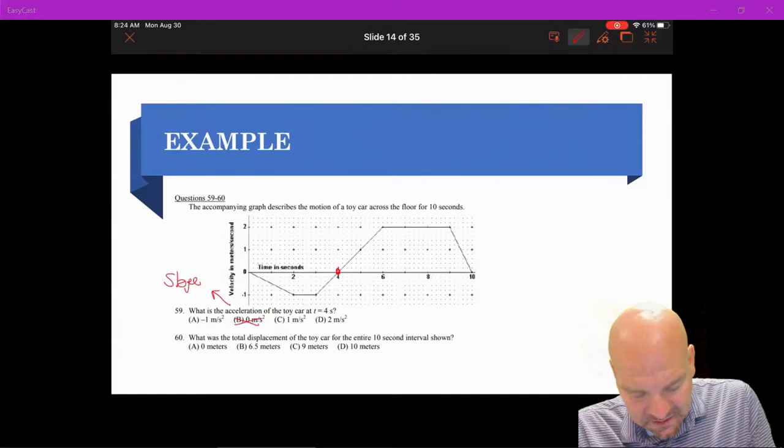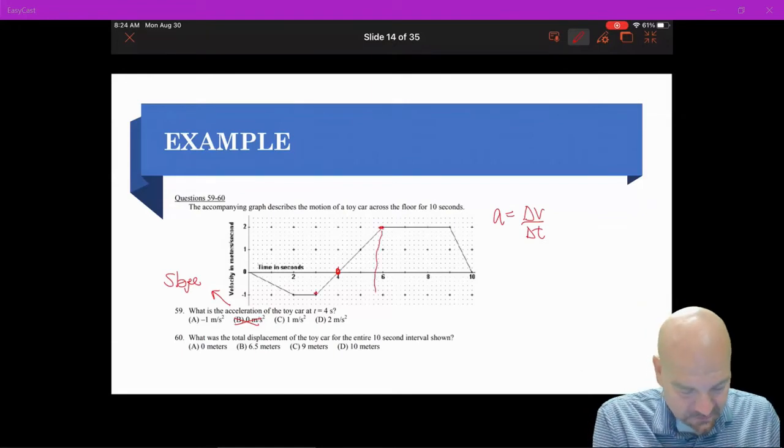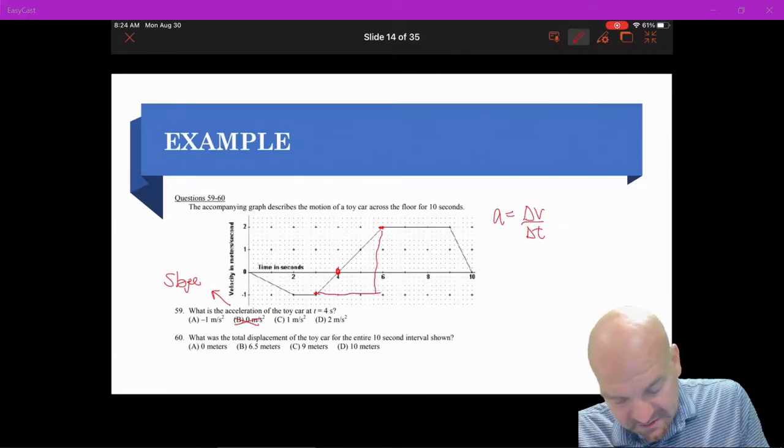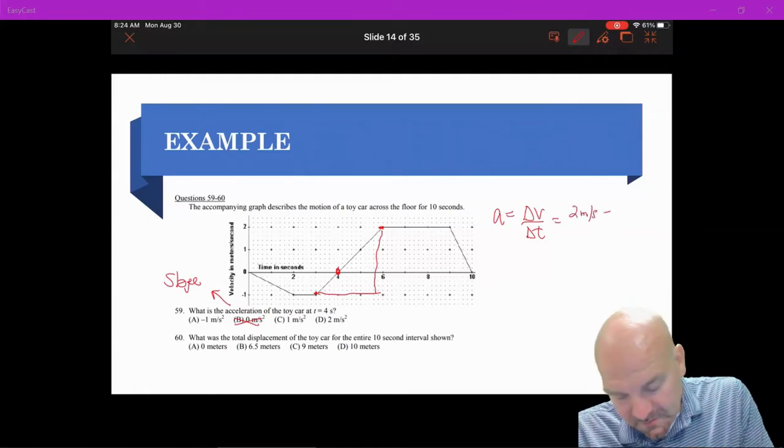And so what we do is we say acceleration is delta v over delta t, or rise over run. And so I'm going to look at it this way, okay? My final velocity is 2 meters per second. My initial velocity is -1 meter per second, okay?